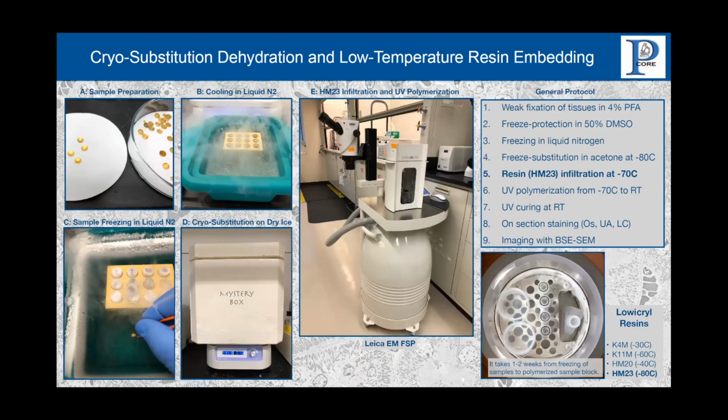Now, for our post-embedding labeling strategy, where we use low temperature approaches, we use cryosubstitution, dehydration, and then low temperature processing into a low temperature resin. For most of our samples, we do not use a high pressure freezer. The reason is that the tissues that we get are already lightly fixed, often by perfusion fixation in the animal.